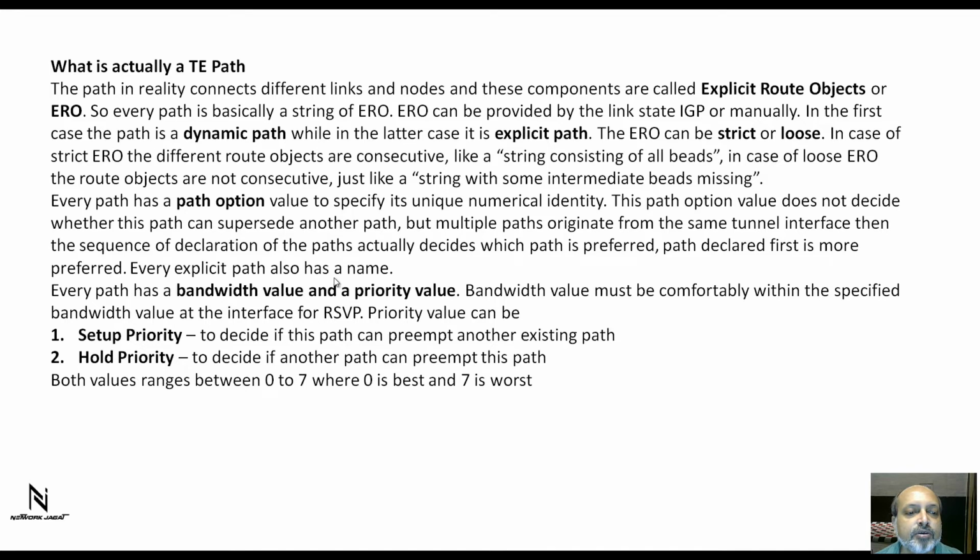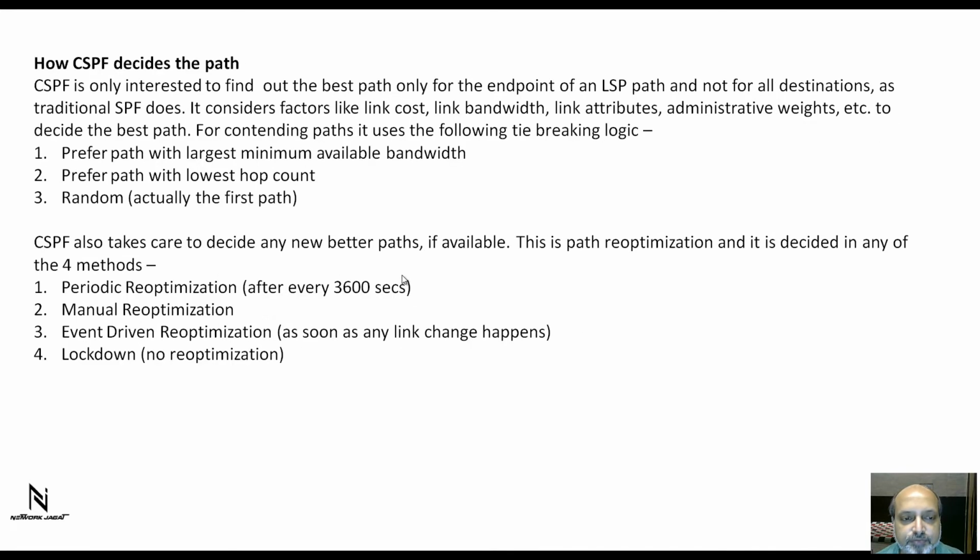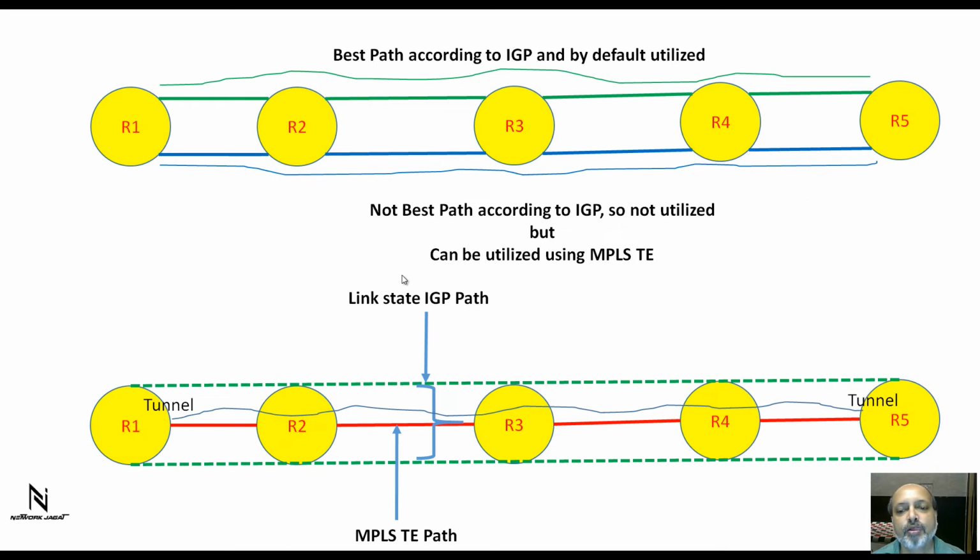Every explicit path also has a name. Now, whenever we are constructing an MPLS TE path, it must have two parameters: a path option and a path name, right? You have already understood that these are two identifications. One is a numerical identification for that path. Another one is a named identification.